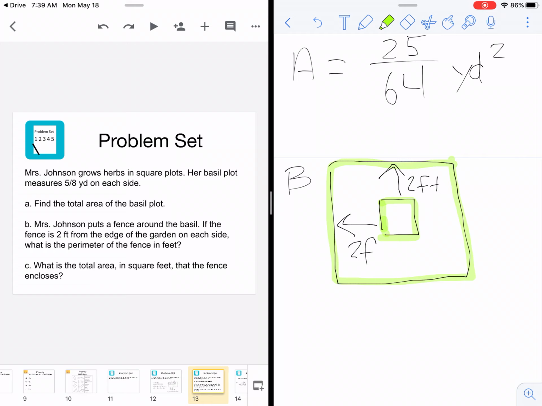So 5/8 of a yard equals 5/8 times 1 yard. We need to know what is the length of each side, right? What is the length of each side?